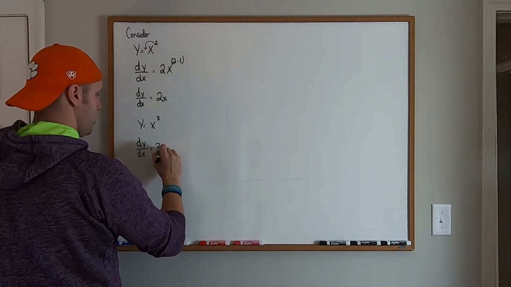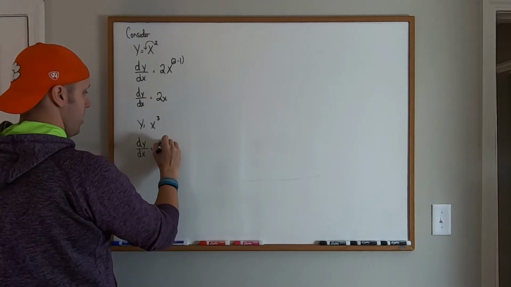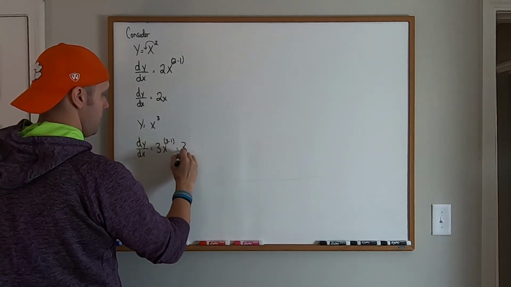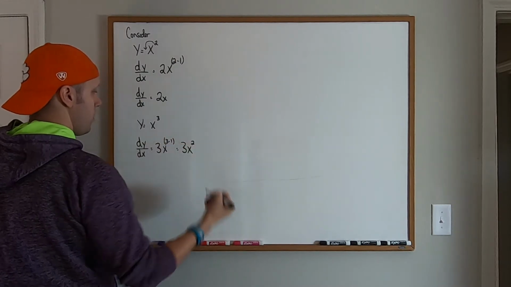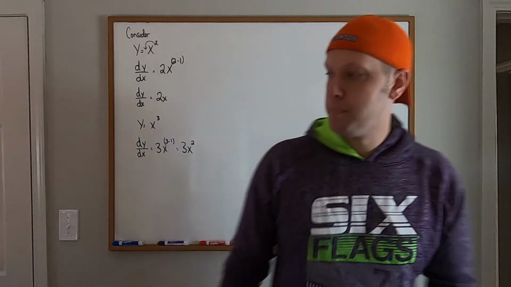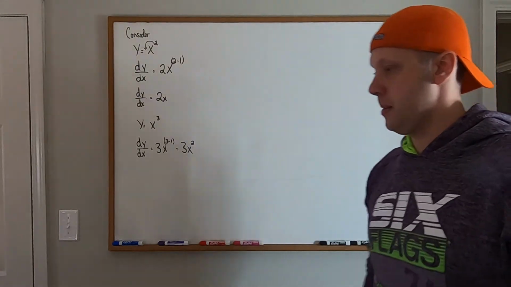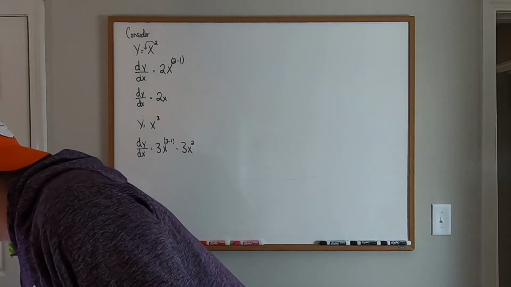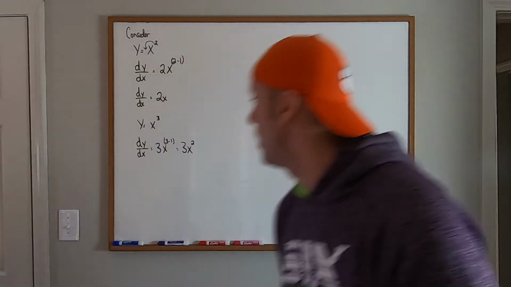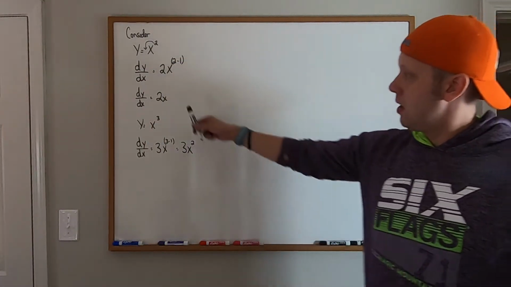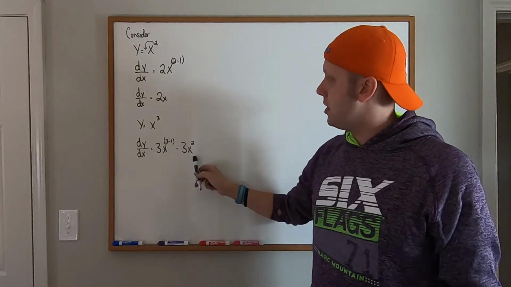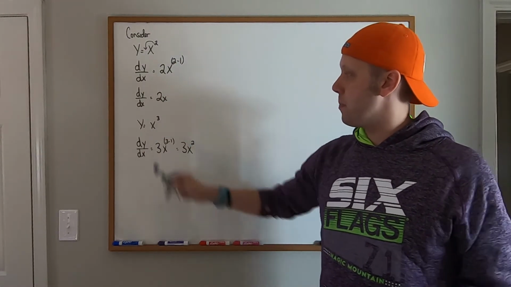So 3 times 1 is just 3, times x to the power of 3 minus 1, which is equal to 3x squared. This gives me the rate of change of this function.